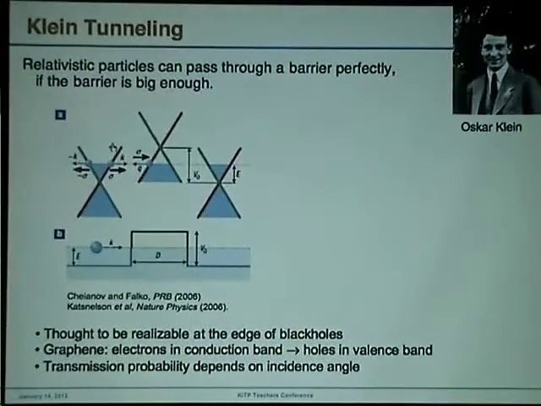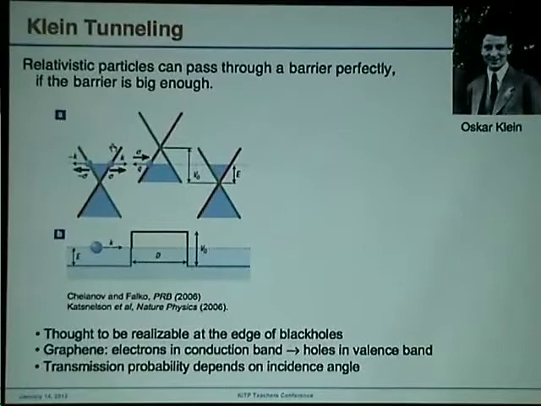So one of the consequences of that is the so-called Klein tunneling, where a relativistic particle passes through a barrier perfectly. This is like the graphene quantum cars that you already saw the animation about. It's predicted by Oscar Klein, a Swedish physicist.